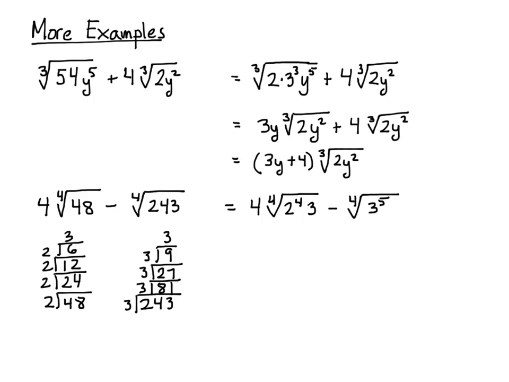And so now I can remove my groups of 4 out, and I take a 2 out of this one here, and so 2 times 4 is 8, and then here I'm going to take out a 3, and so 3 times 1 is just 3, and now I have those two that have a similar radical, and so I can make it 8 minus 3 is 5, so I get 5 radical 3.